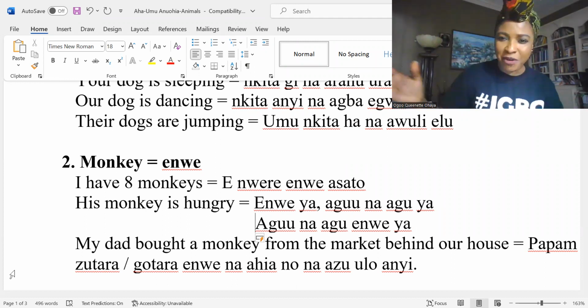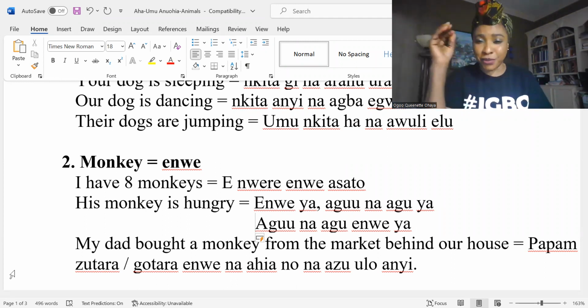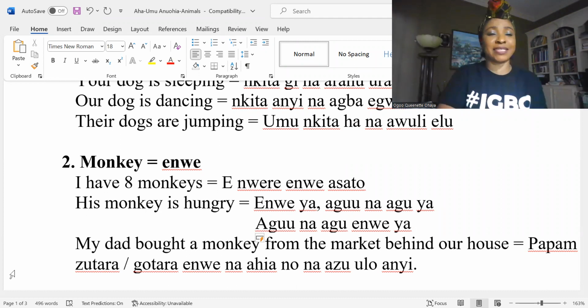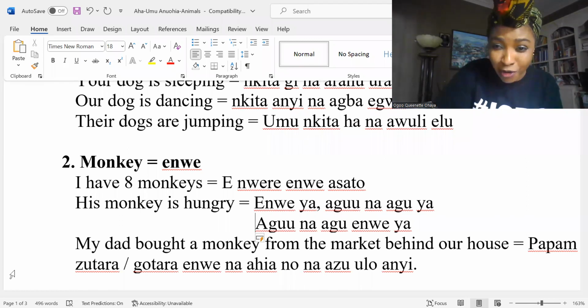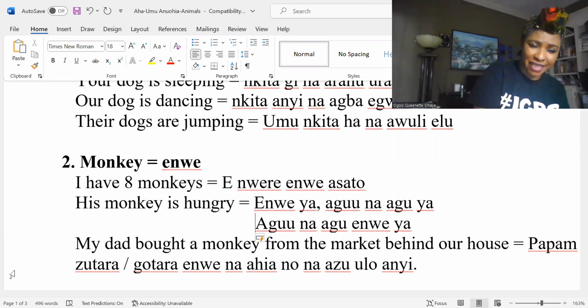There are several ways you can put it. But don't put "his," because when you start translating "his monkey," then you're going to say "his" is all. That's wrong. You see that?